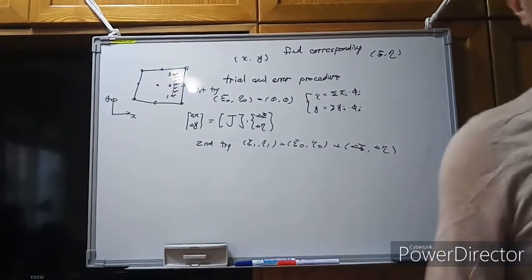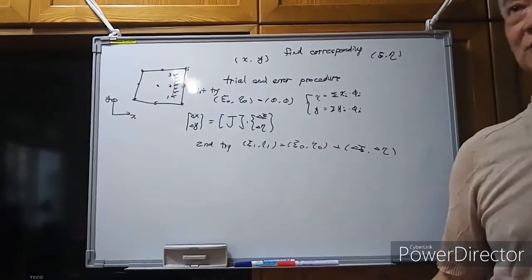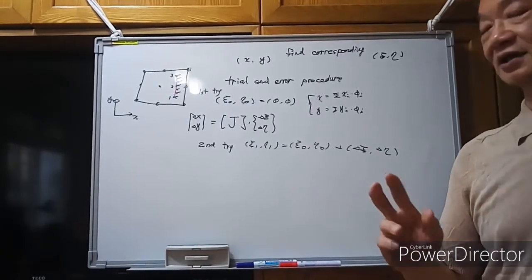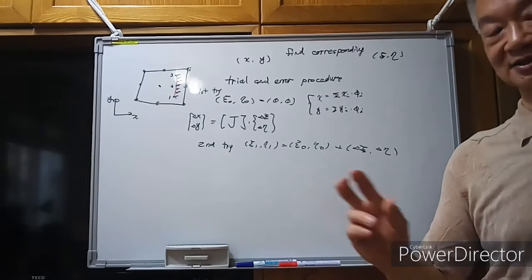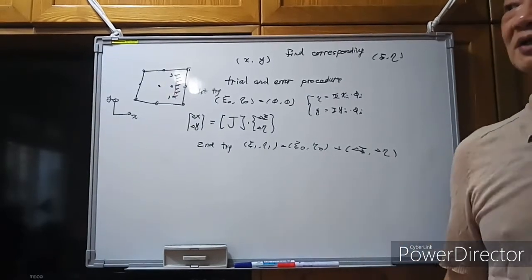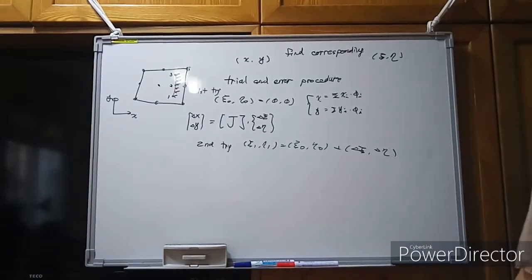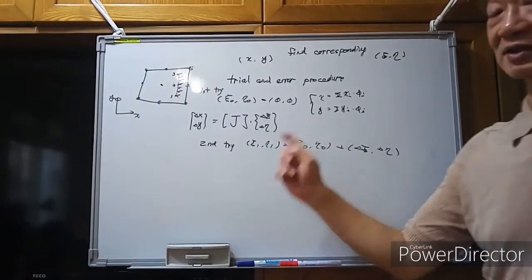And remember, the finite element method is only a numerical method. You should not expect anything which is exactly the same. So it is not so important to get the exact values of the c and eta.